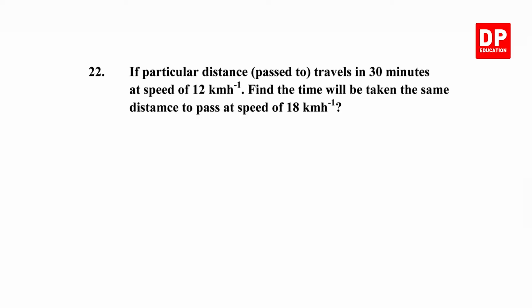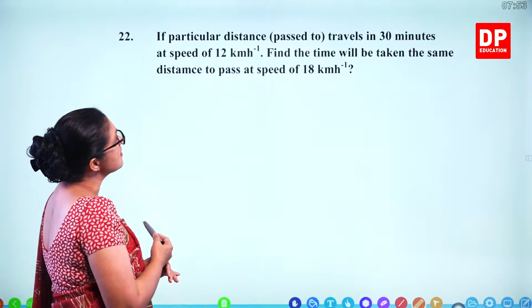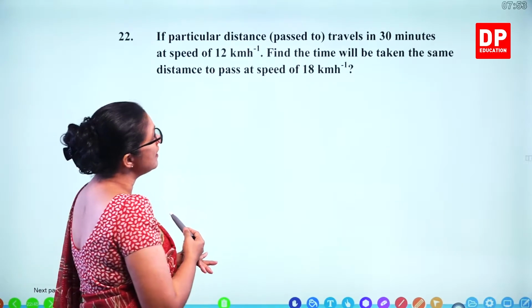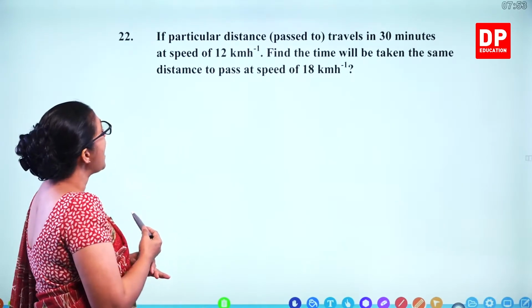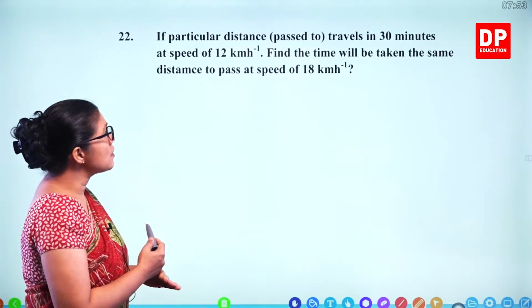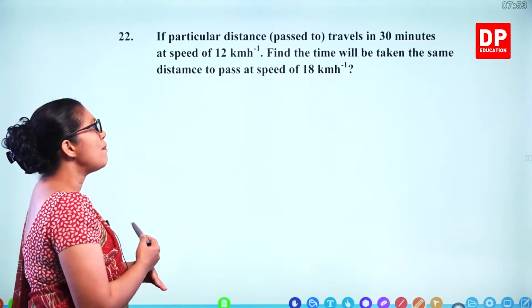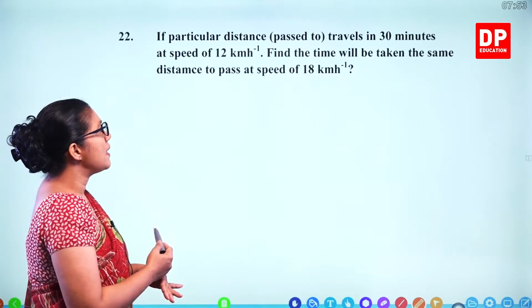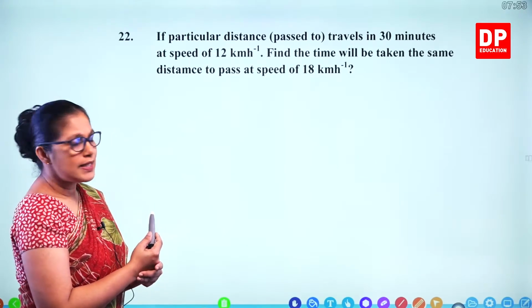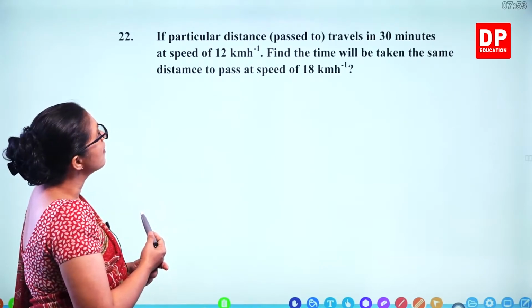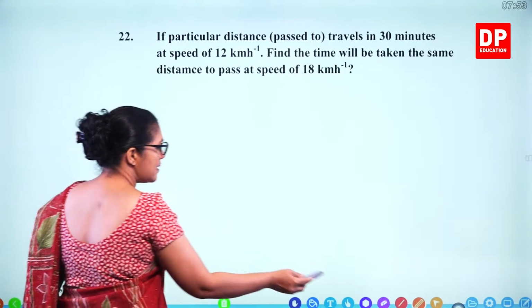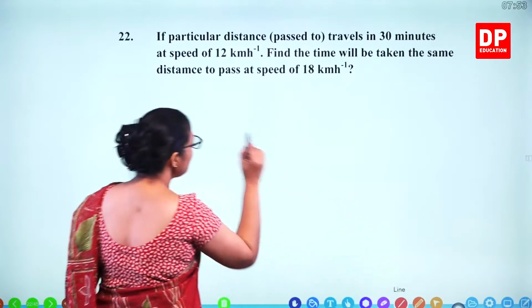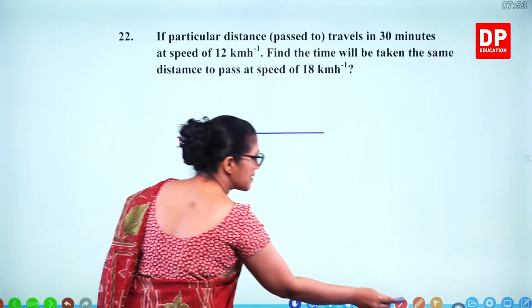Question number 22. If a particular distance is traveled in 30 minutes at a speed of 12 kilometers per hour, find the time that will be taken to cover the same distance at a speed of 18 kilometers per hour. So there's a certain distance.